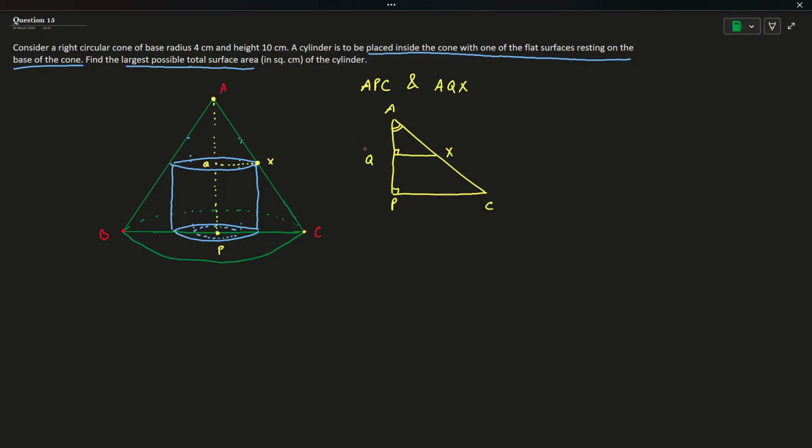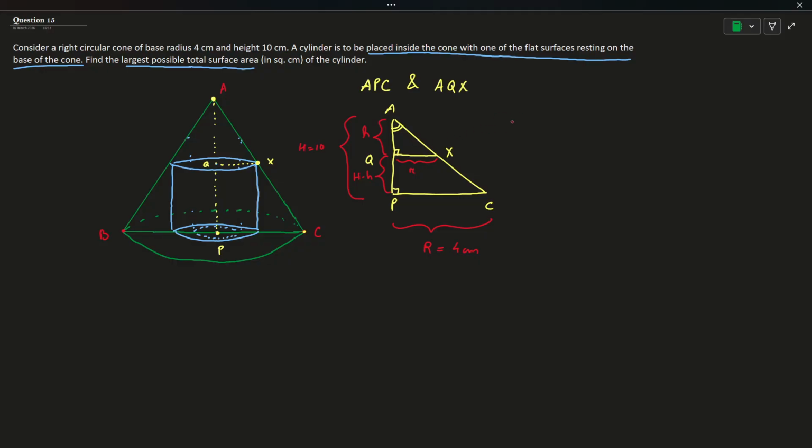Now guys, we are given that the height of the cylinder is 10. So this entire thing is the height of the cone, which is 10, and this is the radius of the base of the cone, which is 4 centimeter, right? Let's say this is h. So what is the height of the cylinder? Height of the cylinder will be capital H minus small h, and from Q to X is the radius, let's say small r.